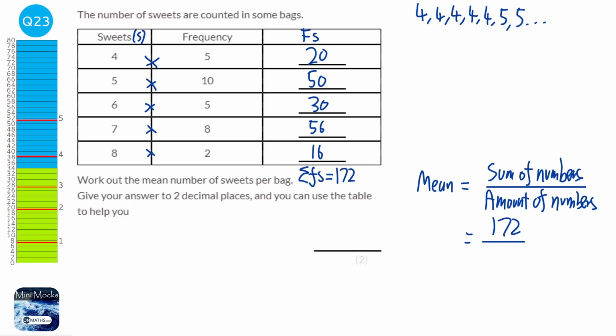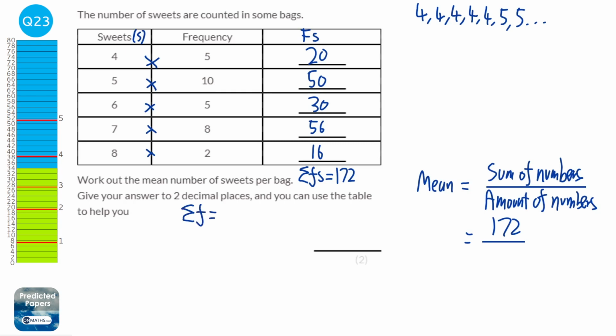Now the second part is to work out how many numbers there are. Well, there are 5 numbers in the first row, 10 in the second row, 5 in the next row, 8 in the next row, and then 2 in the next row. So to work out how many there are in total, we just add those up, and we call that the sum of F column.